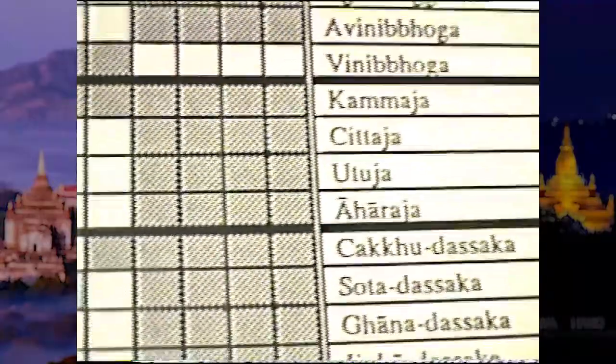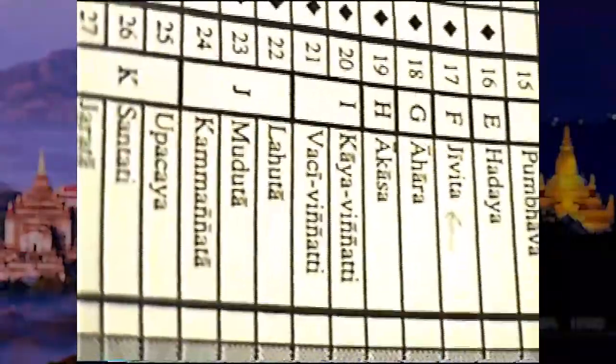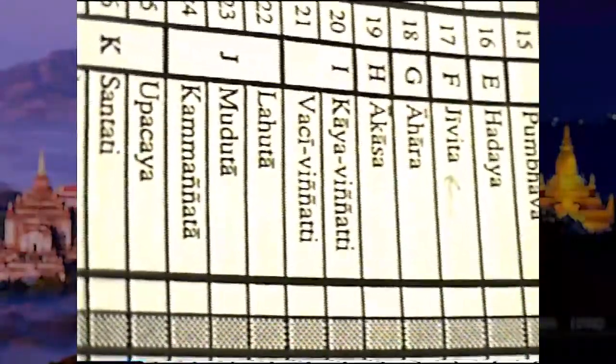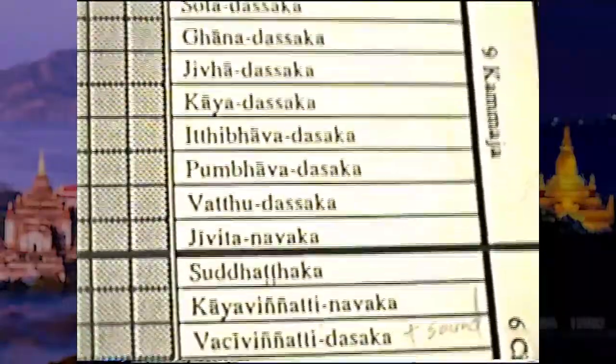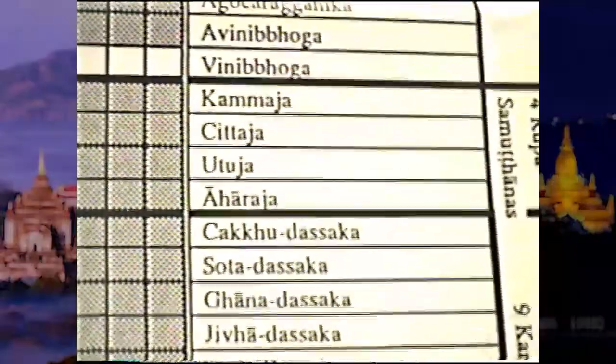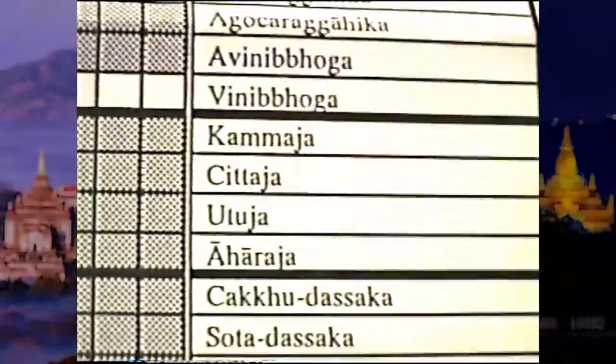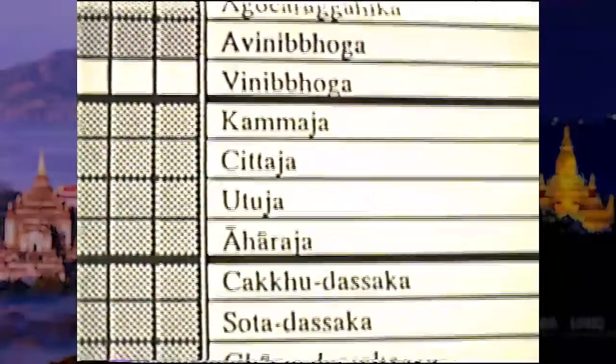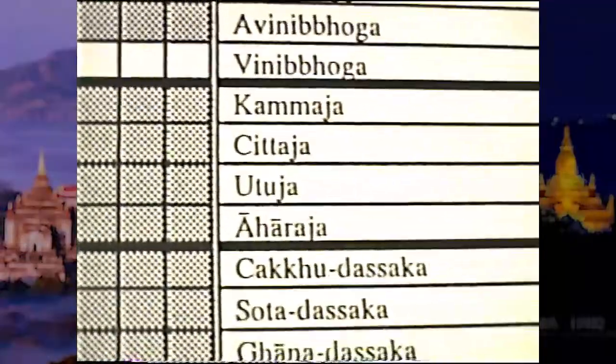And then Ahara and Akasa, plus Kaya Vinyati, Vaci Vinyati, and Lahuta, Muduta, Kammannata. And Utuja, caused by temperature: four essentials, and then Rupa, Sadda, Gandha, Rasa, Photthabba, Ahara, Akasa, and the three, Lahuta and others.